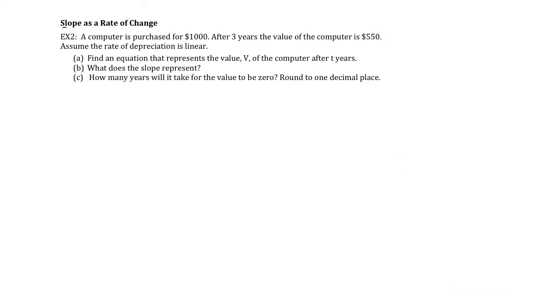So in application, slope is the rate of change. Let's look at an application. Let's say that we bought a computer and we paid $1,000 for it. And after 3 years, the value went down and it's only worth $550. So this is my years, and this is my value in dollars. When I bought this, it was $1,000.